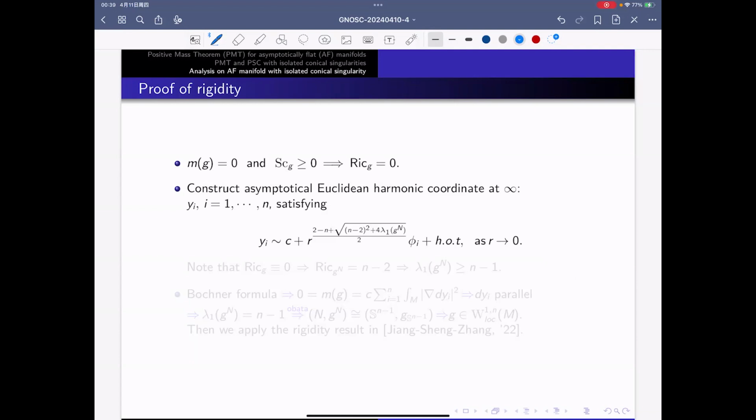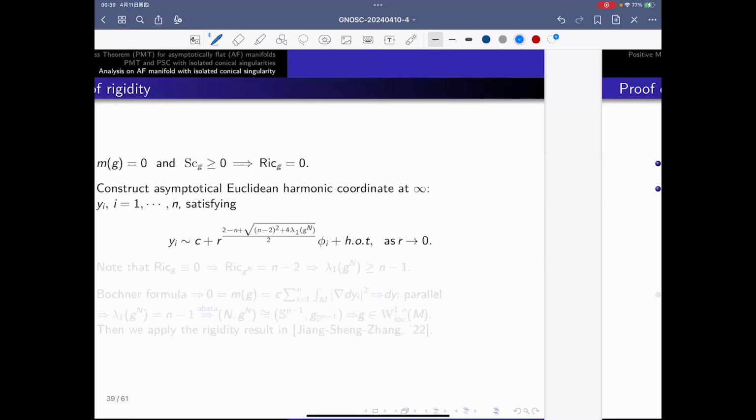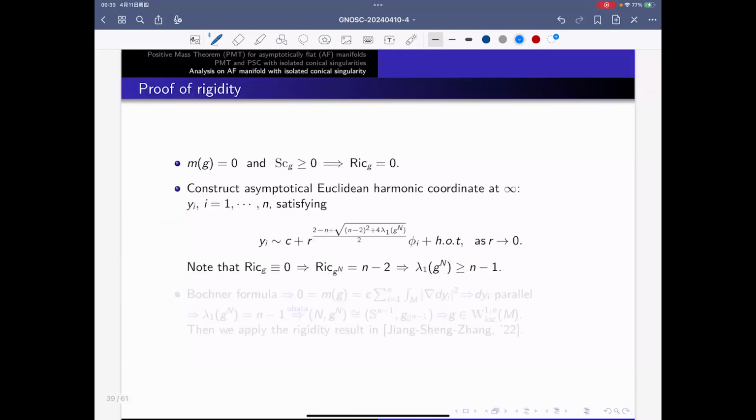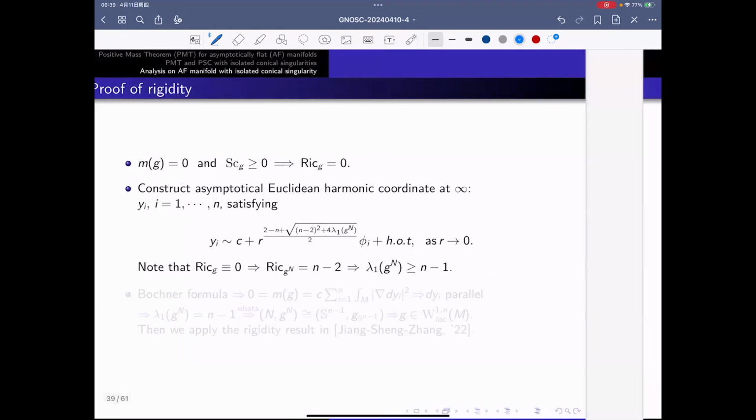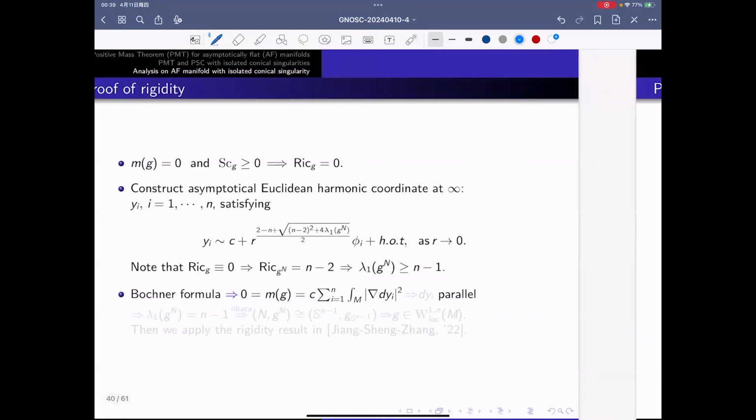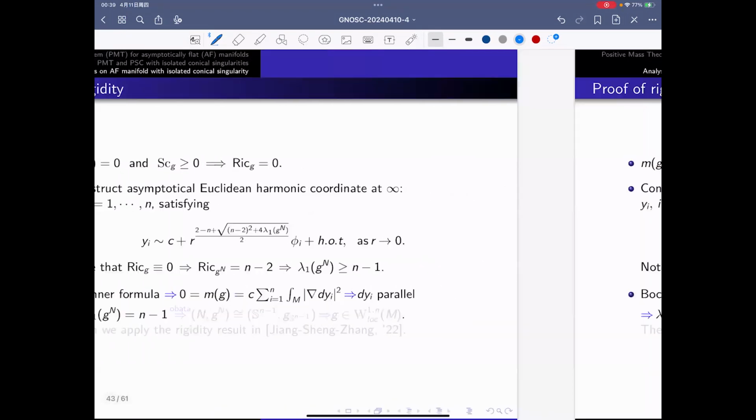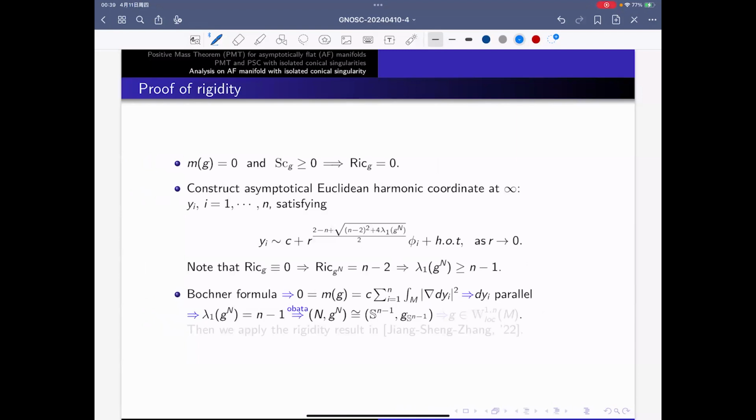Basically, we still need to solve some harmonic function with prescribed asymptotics on the asymptotically flat end, and then we get the rigidity for the cross section, so that cross section has to be the standard sphere.